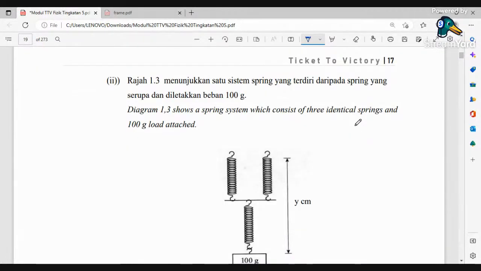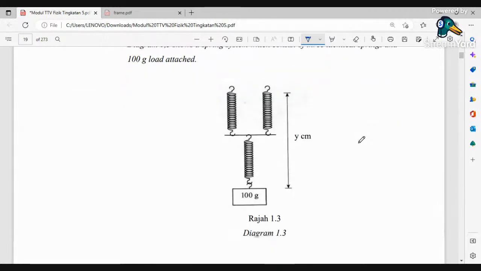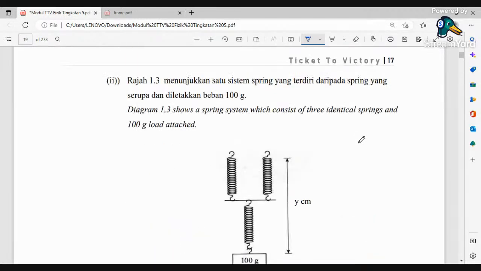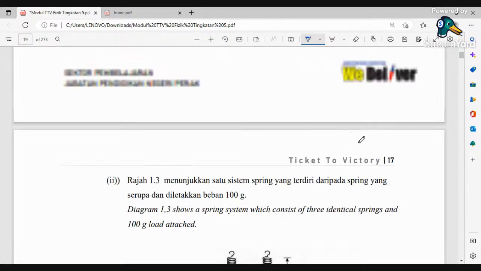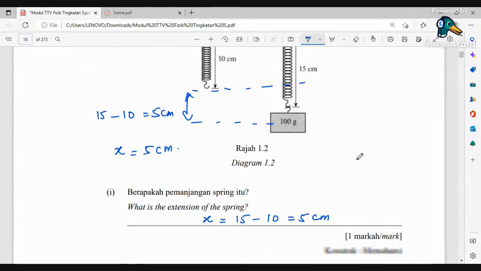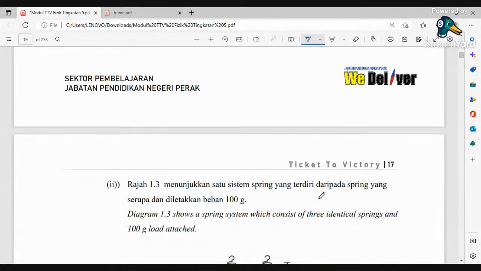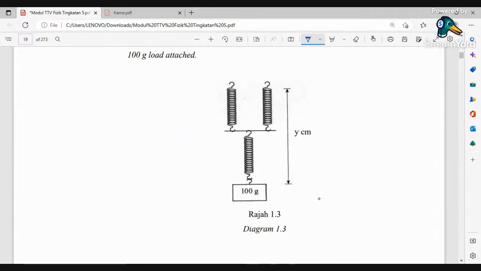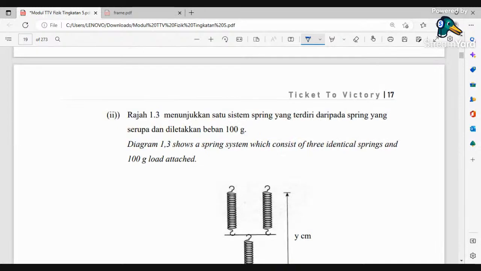Part 2, diagram 1.3 shows a spring system consisting of 3 identical springs with a 100 gram load attached. Calculate the value of Y. From here we already calculated the extension for a single spring is 5 cm, with the same 100 gram load as above.